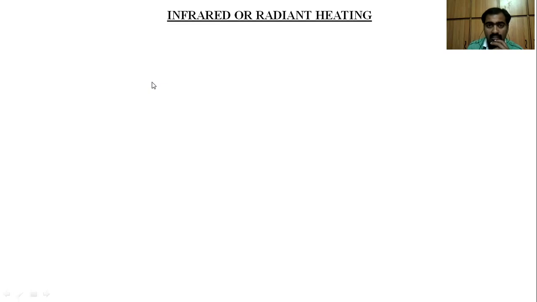Initially the water is at room temperature. We are going to circulate this room temperature water through the tubes, and we are going to make the water heated through the radiation, that is nothing but through the sun rays. So we are not making any direct contact of the electrodes to be heated.